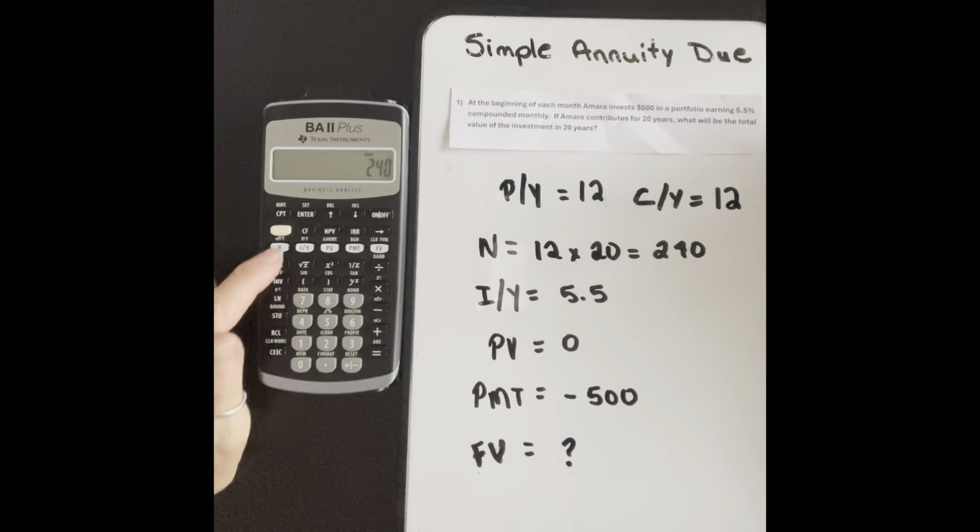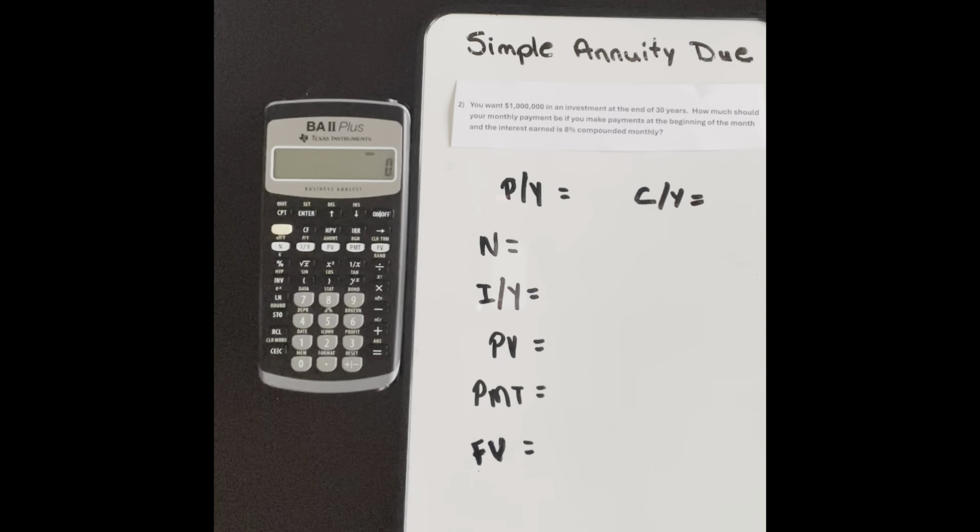Our payment value is 500. Make it negative with the change sign key. Enter that for payment. And now we'll calculate future value. So compute future value. And the future value is $218,812.01. Before starting our next example, let's clear this and clear the display.